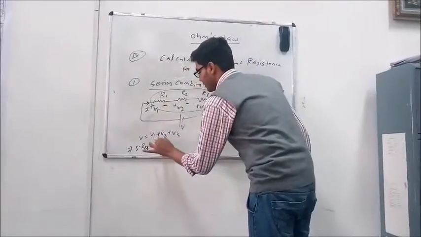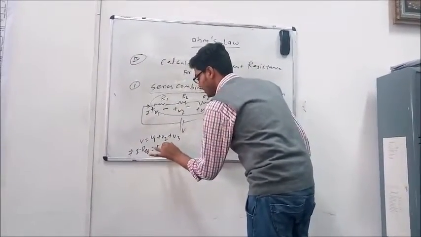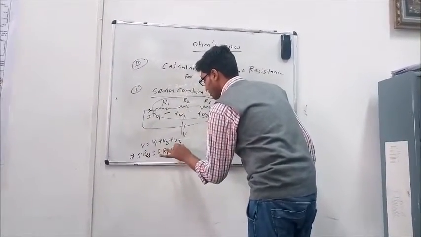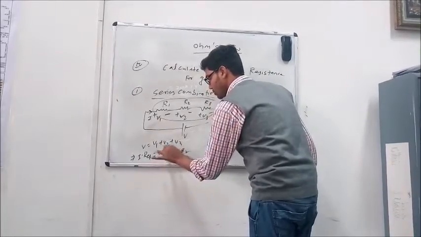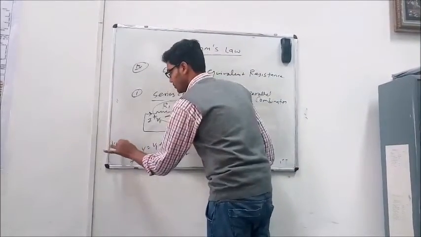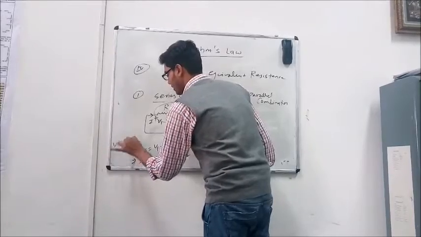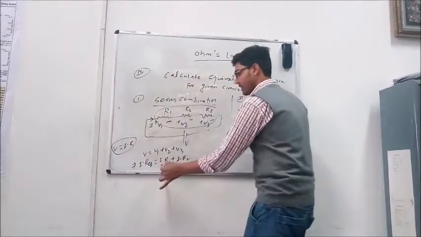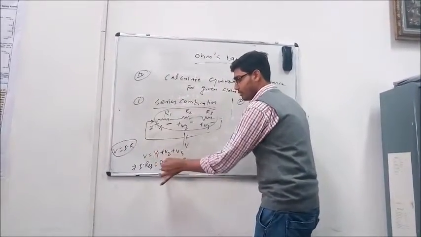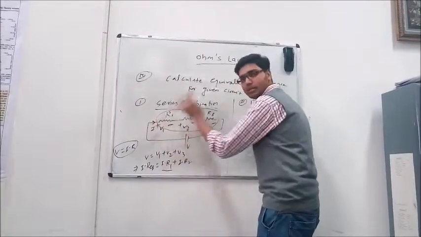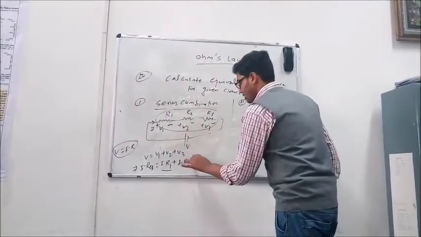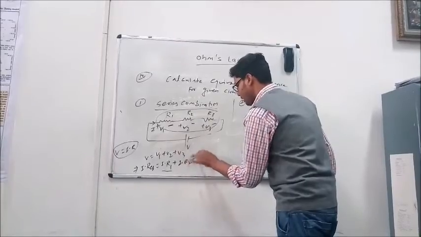The same current flows through all the resistances, and according to Ohm's law, V equal to I into R, in place of V1 we replace I into R1, plus I into R2, plus I into R3.